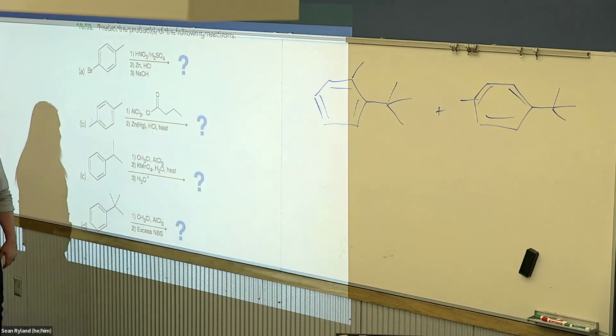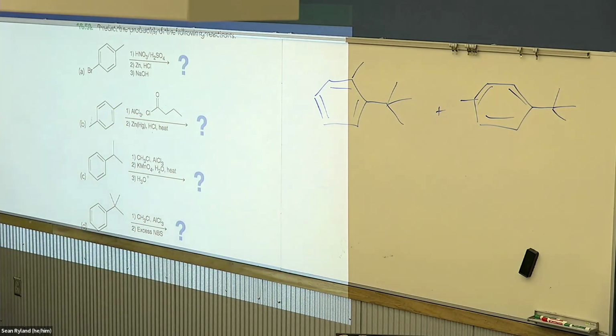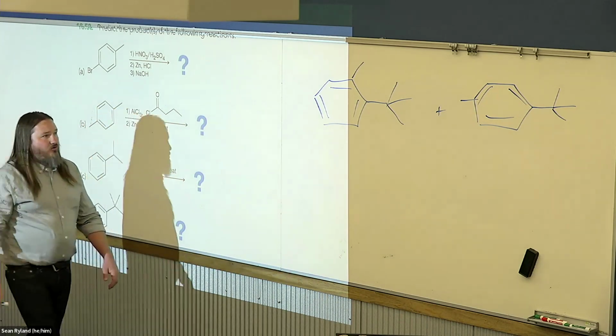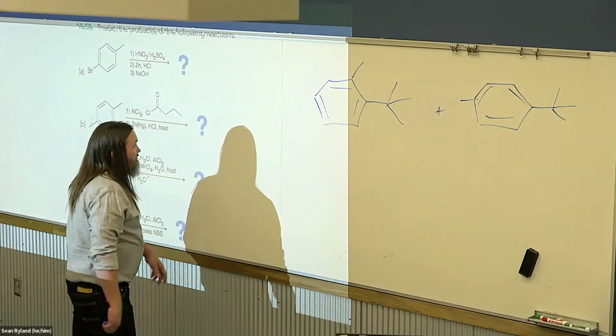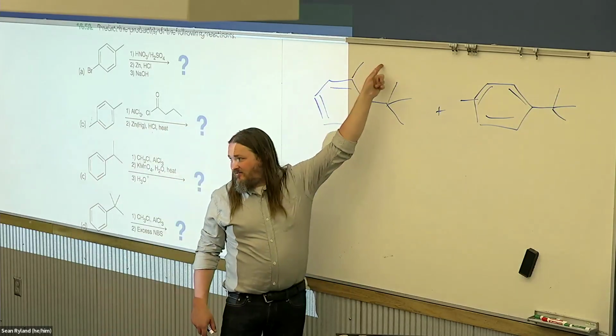What is excess NBS going to do? Benzylic bromination, but only where you have hydrogens to replace. Yeah. So the t-butyl group is going to get left alone. And the fact that it says excess means we're going to do it 3 times.